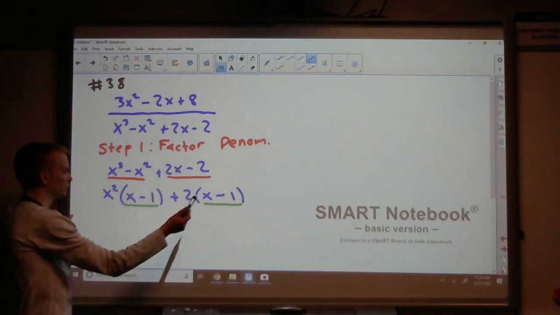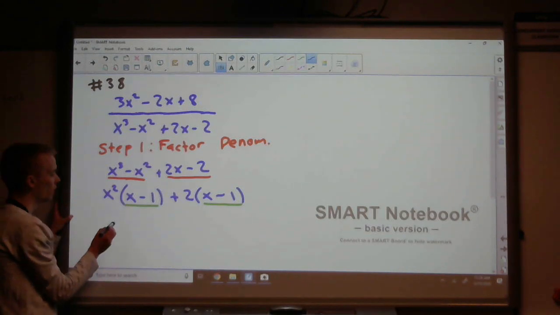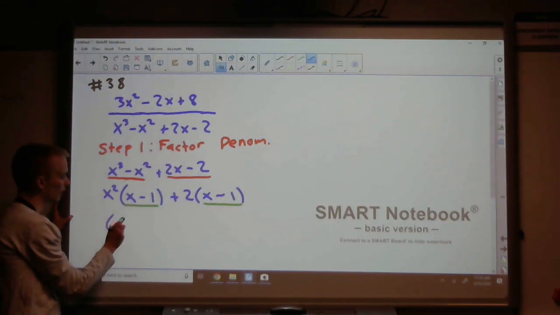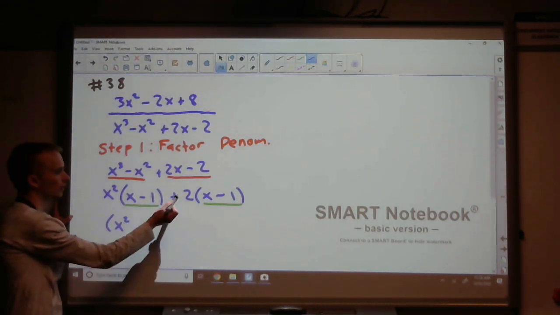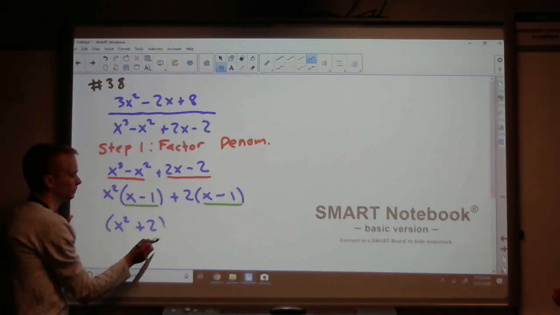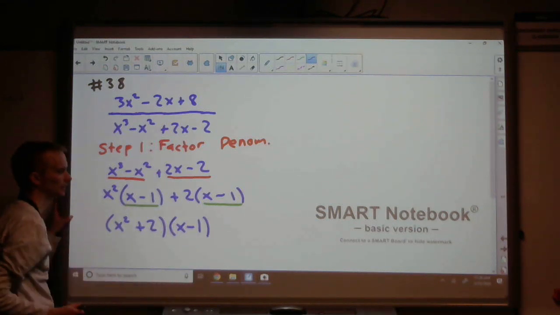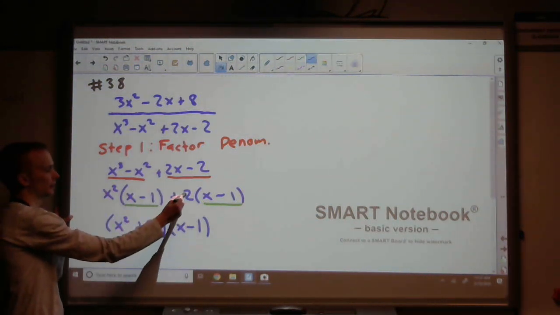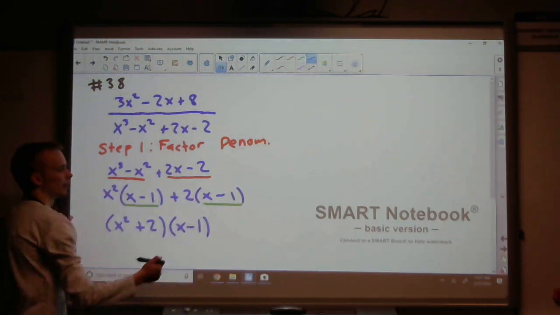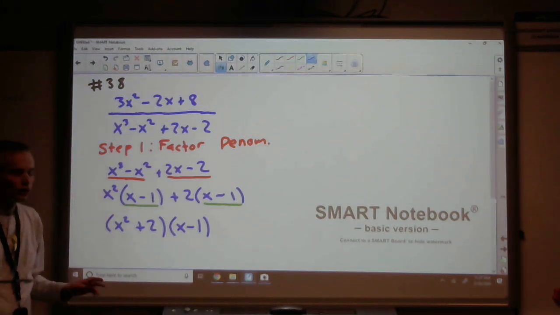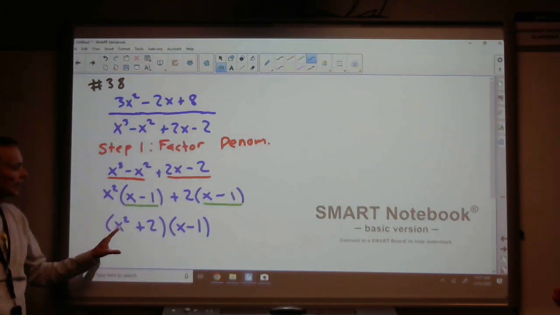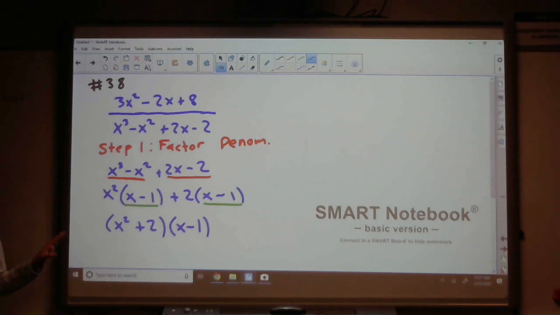But this is x minus 1, this is x minus 1. So in total, I've got x squared plus 2 and x minus 1. I just combine those two together, and then this one is left by itself, okay? So this is our factored denominator, okay?